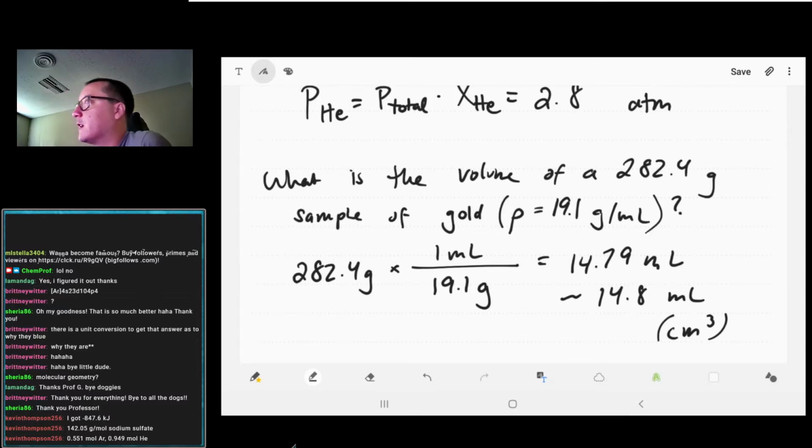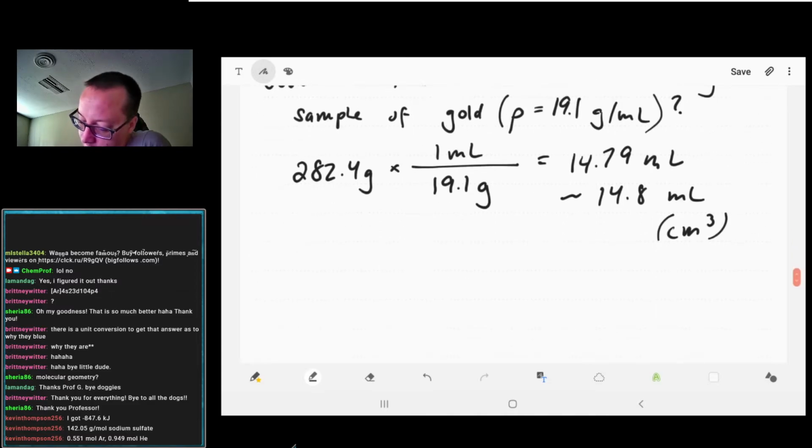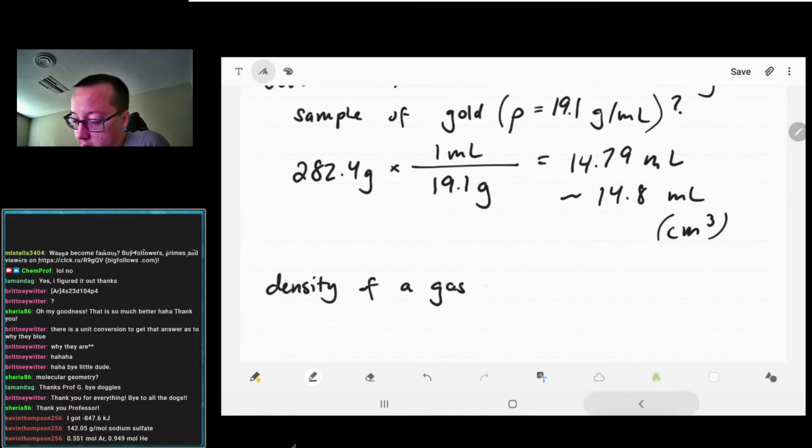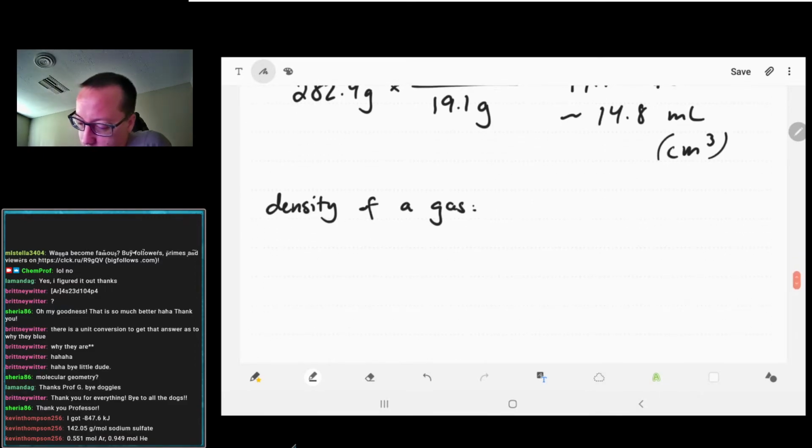Okay, so for density of a gas, remember this is related to the molar mass, right? So let's see, what is the density of, what's our favorite gas? How about argon?